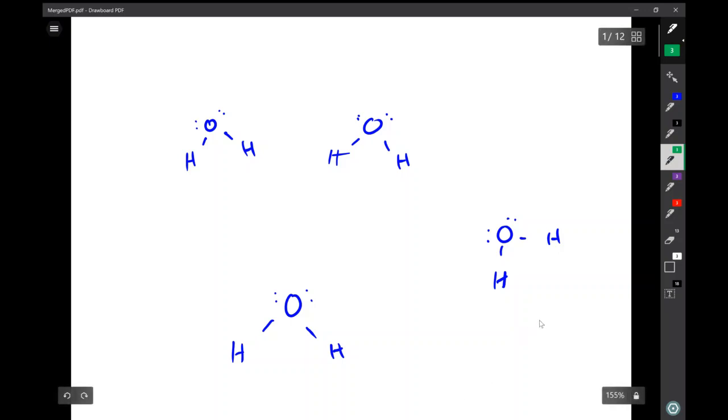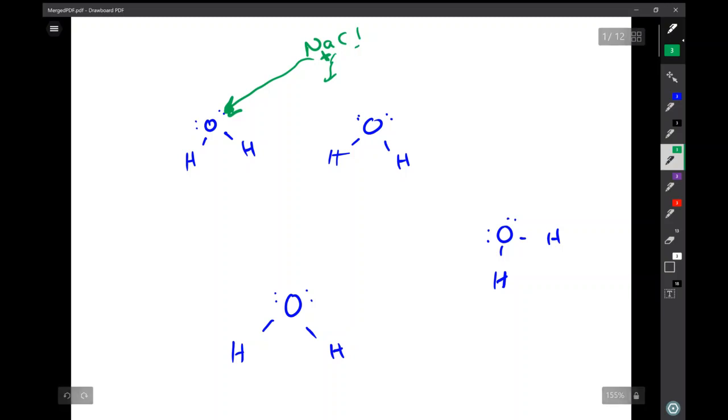Alright, so here we talk about dissolving, especially dissolving ionic compounds. If you take something like NaCl, you want to dissolve it in water. What happens is the water molecules actually go up and attach and pull apart sodium ions and chloride ions. Since sodium forms a positive ion, it's going to be attracted to the oxygen end.